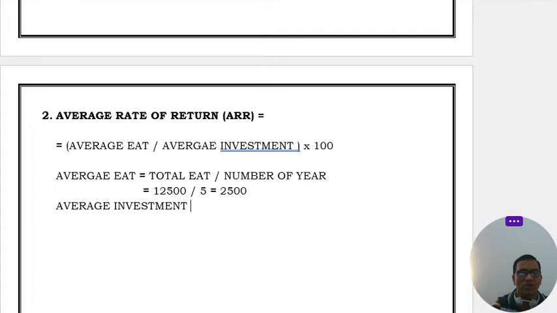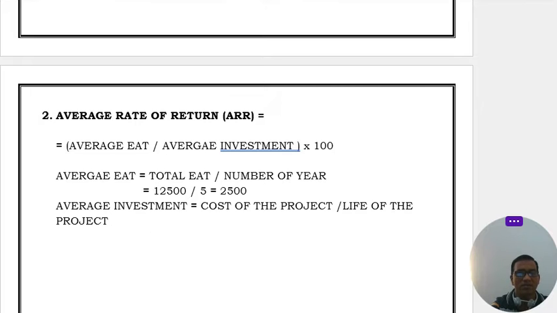What about average investment? Average investment equals cost of the project, minus salvage value if you have any, divided by 2, not the life.